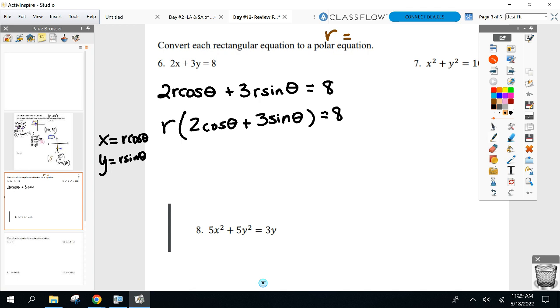R is still not by itself. Divide the whole thing out. Because it's being multiplied, I can move it over by division. You get R equals 8 over 2.